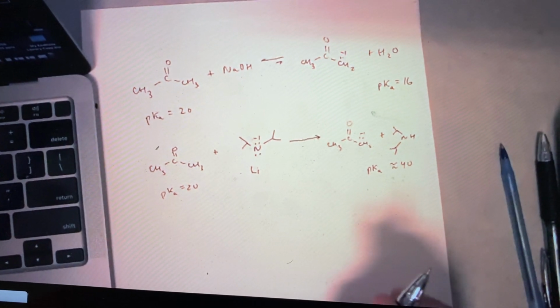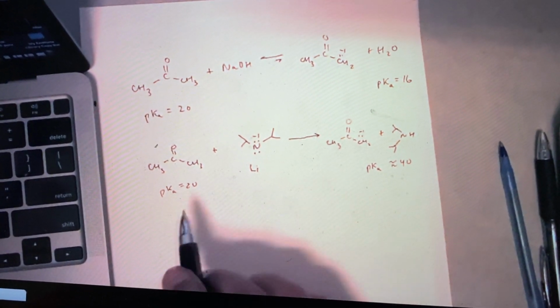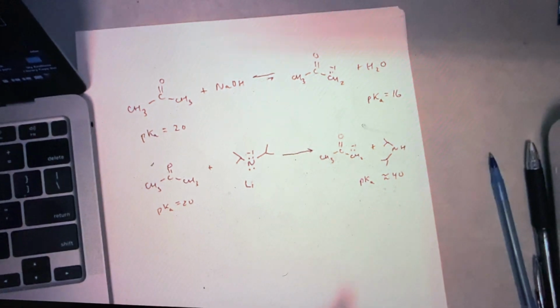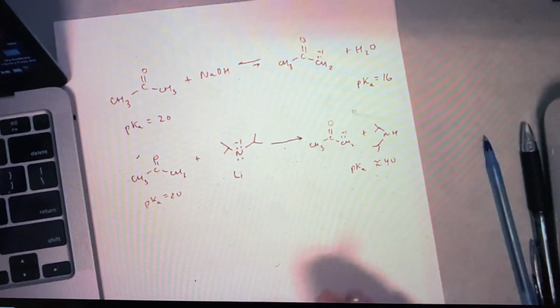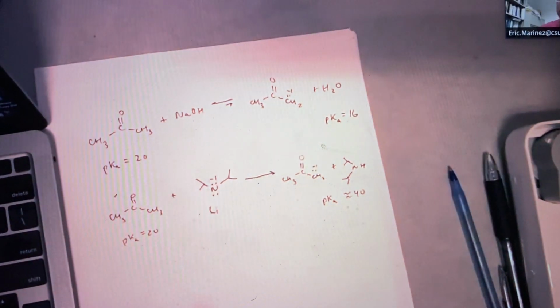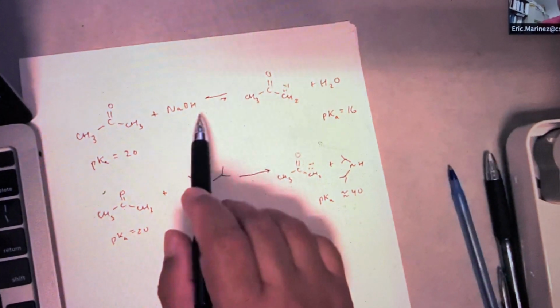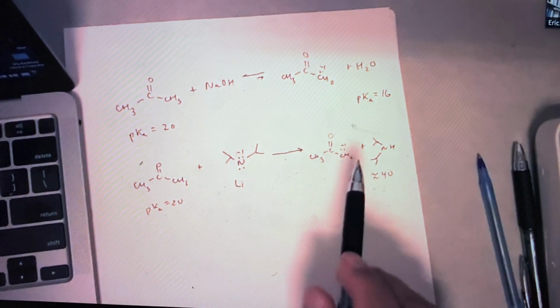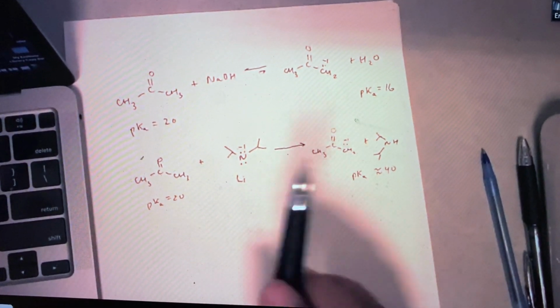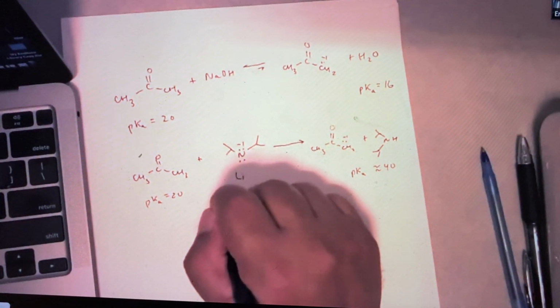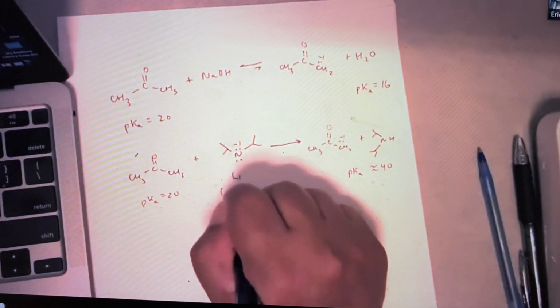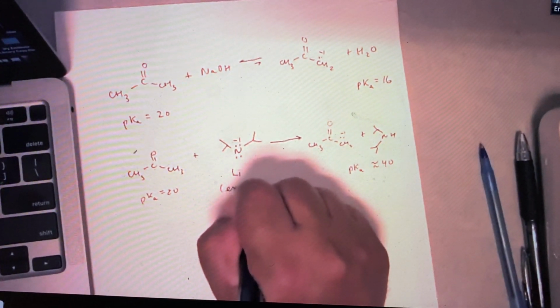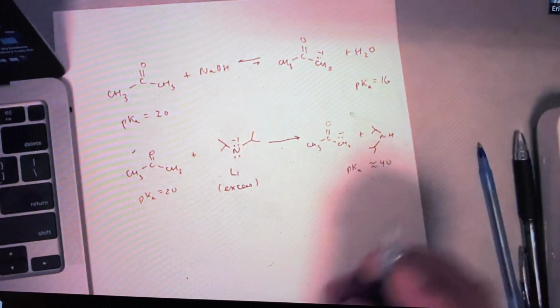That's a lot of zeros. And so it's highly shifted to that. So again, I wanted just to share that with you. You can see that with the weaker base, I have an equilibrium, but with the stronger base, it goes all the way towards enolate formation. And again, I'm going to emphasize here that the base has to be in excess in this case, aldehyde.